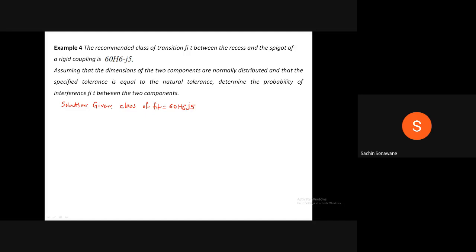Therefore, there are two populations: races dimension denoted by letter R and that of spigot dimension denoted by letter S.